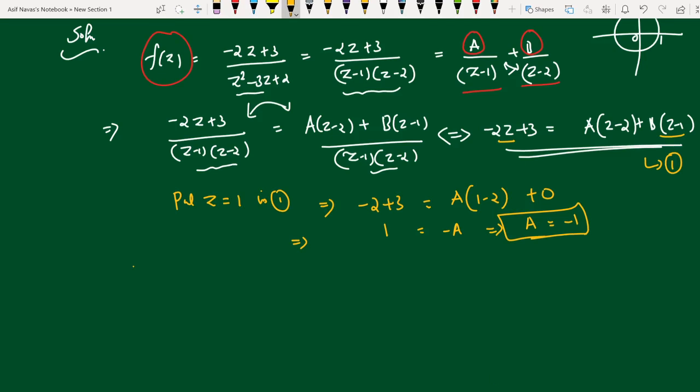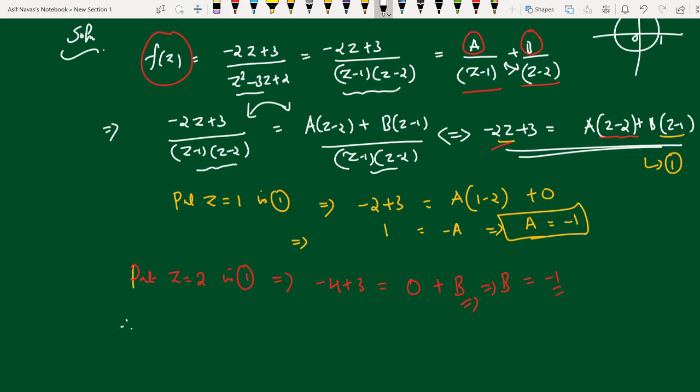Now we will put z equal to 2 in equation number 1. Minus 2 into 2 plus 3 is minus 4 plus 3, and the A term becomes 0, right? And B into 2 minus 1 is B, which implies again B equals minus 1.